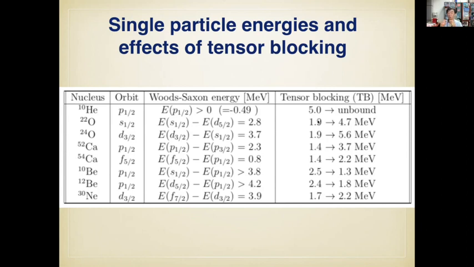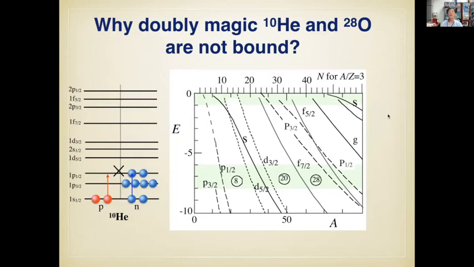If you just block one pair, okay. With numbers, it's very difficult to explain, so I just explained why helium-10 and oxygen-28 are not bound. Essentially in helium-10, you fill P1/2.